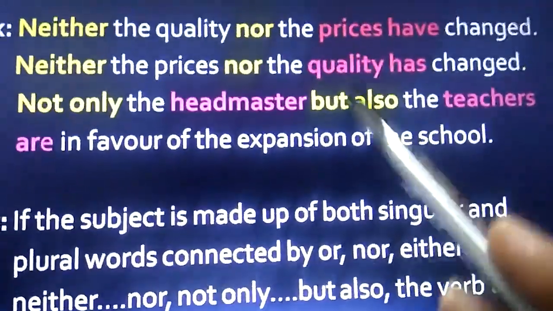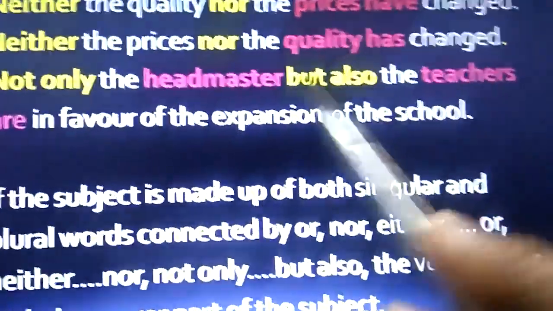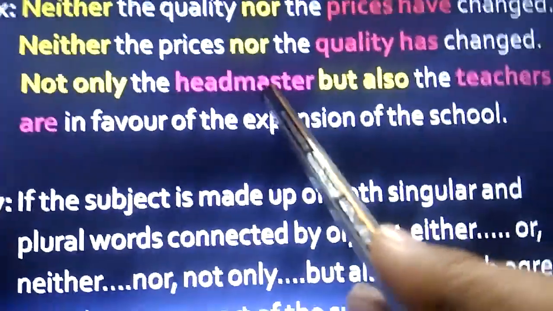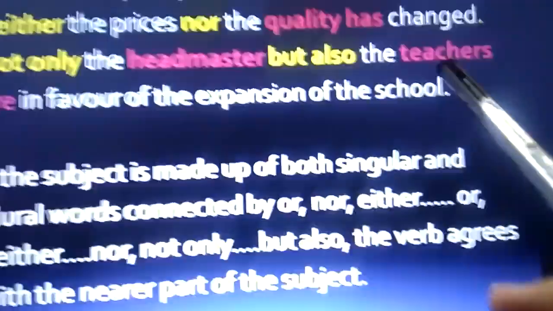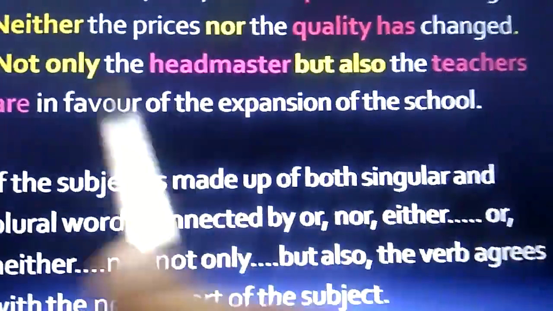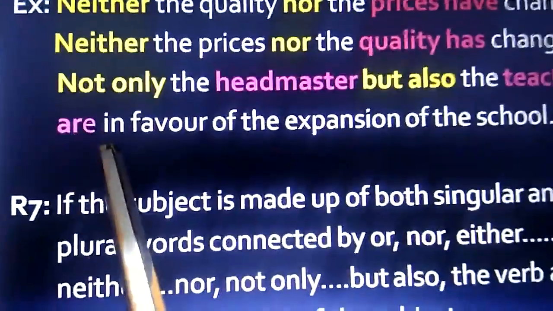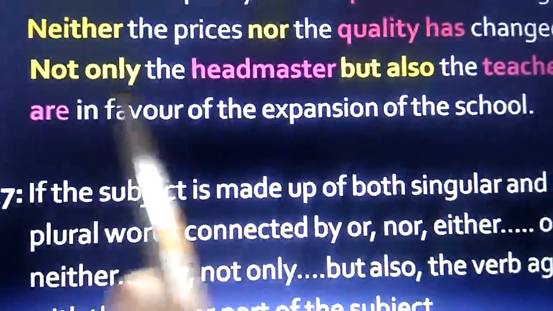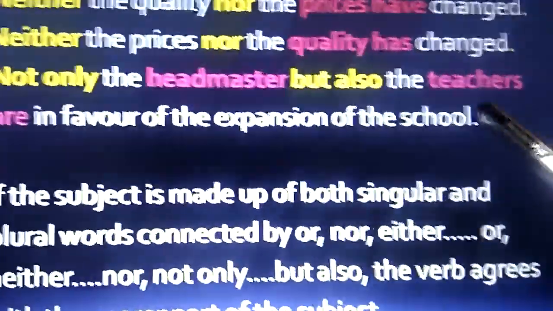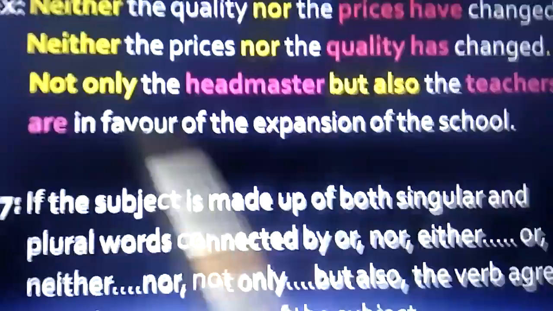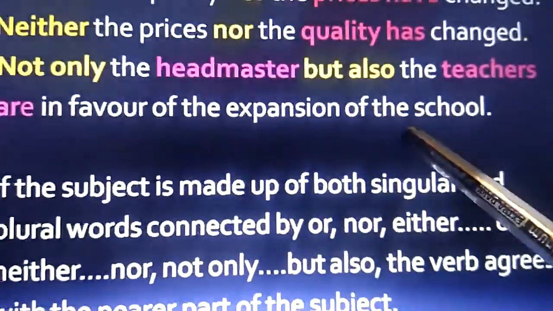Here the same thing we are applying. See here, the first subject is singular, the second subject is plural, and this second subject is near to the verb, and it is plural, so we are using a plural verb. Not only the headmaster but also the teachers are in favor of the expansion of the school.